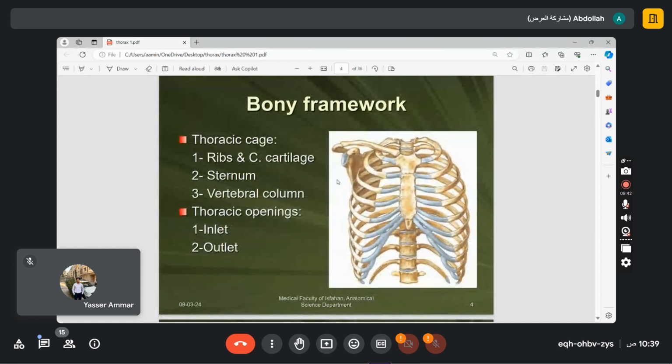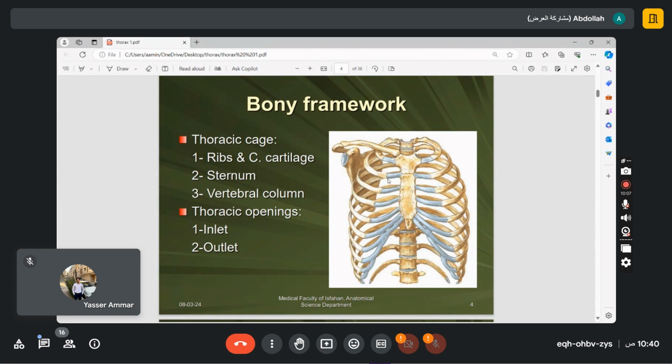First I speak about the bony framework, or thoracic cage, of the body. The thoracic cage is formed by the ribs and their cartilage. This is a costal or rib, and this is a cartilage.